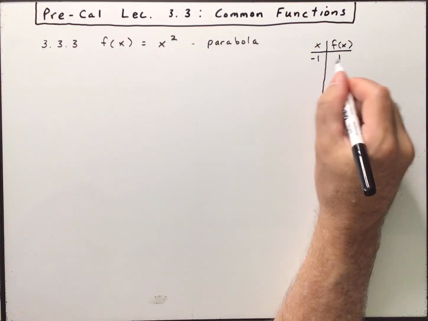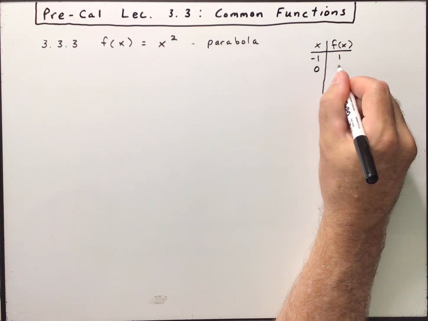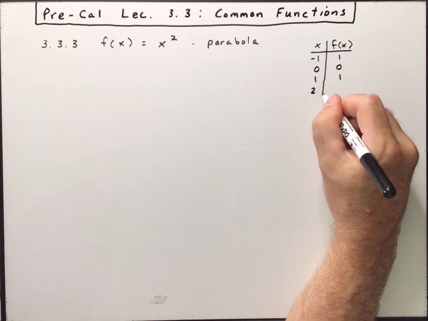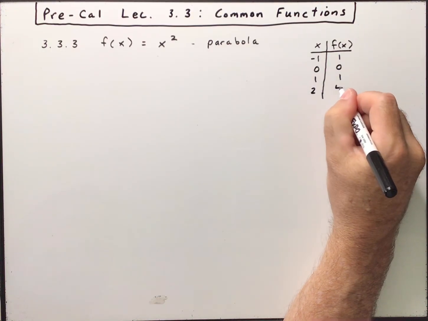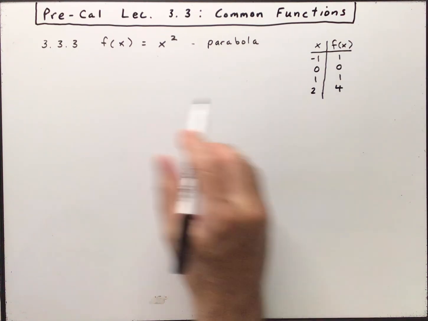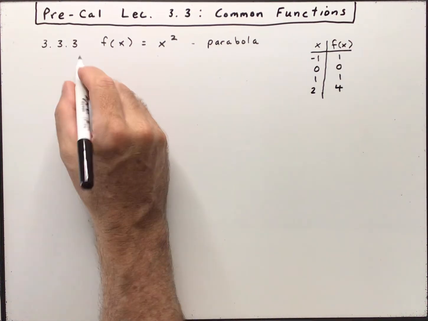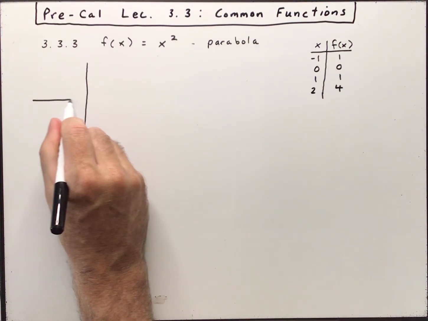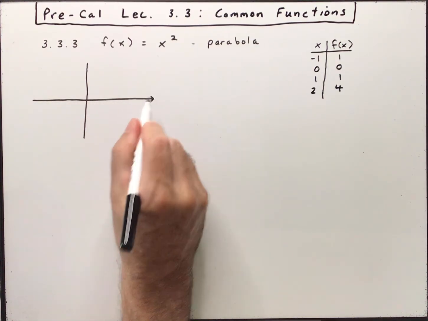So that's 1. If x is 0, f of x is 0. If x is 1, f of x is 1. If x is 2, we square that, and f of x would be 4. Okay, so let's remind you what a parabola looks like if you've forgotten that.